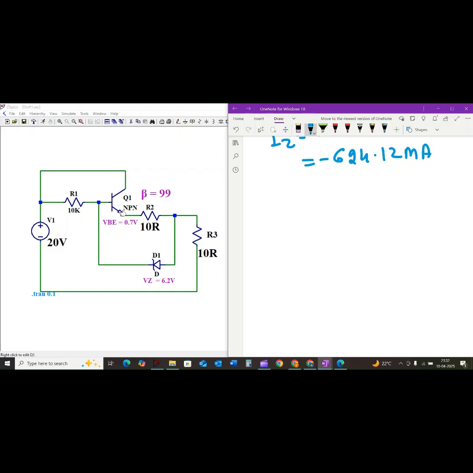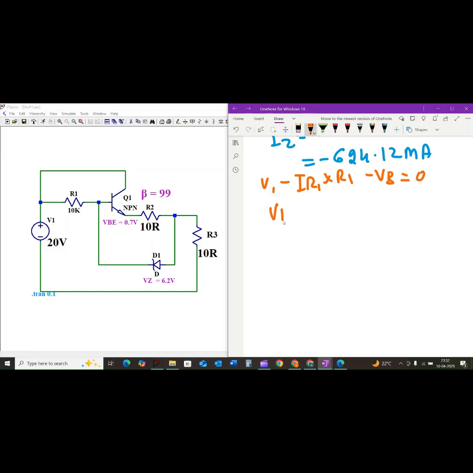Let's analyze the base emitter loop again without assuming VB is equal to 6.2 volt. We have V1 minus IR1 into R1 minus VB is equal to 0.